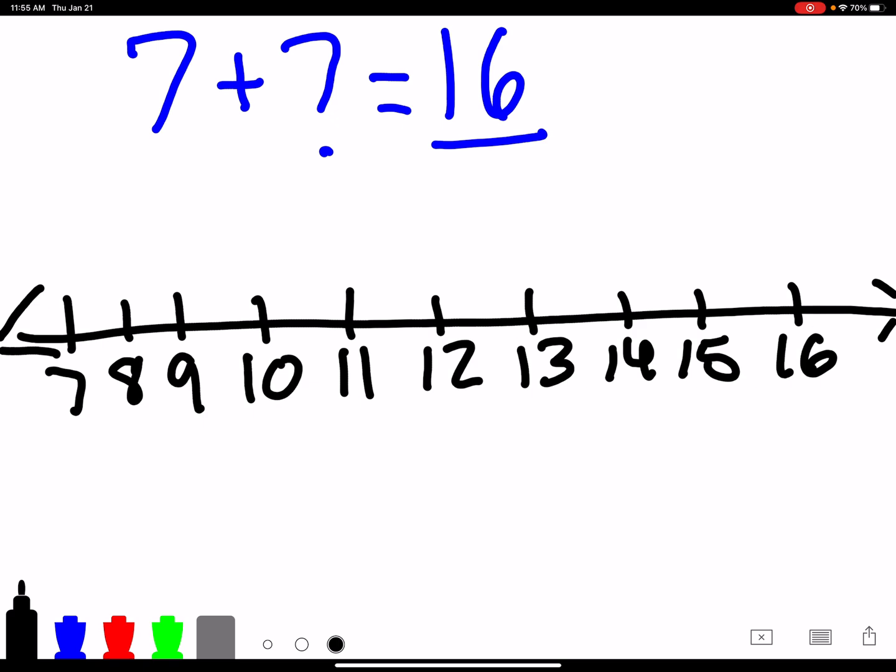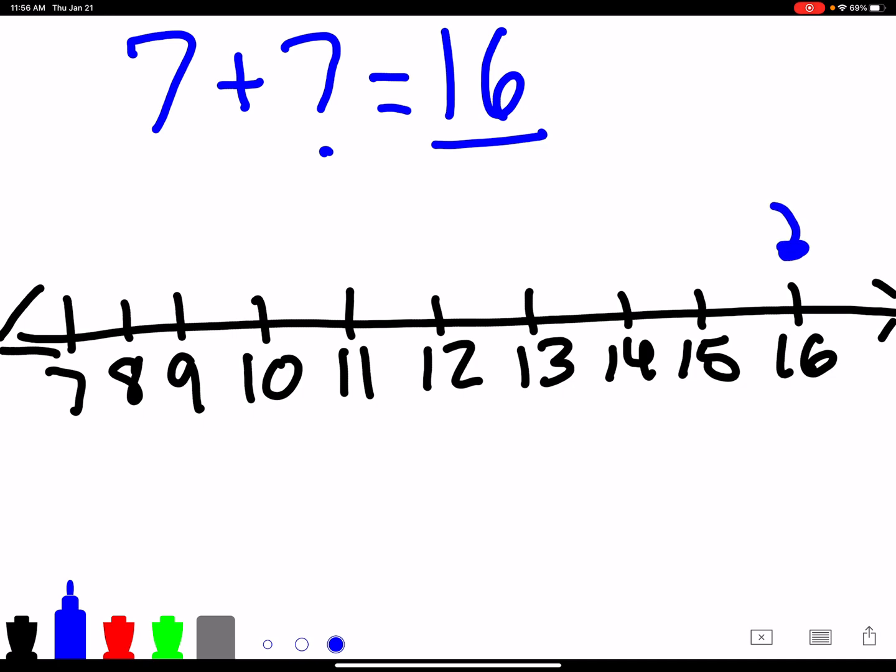So if we put our dot on the 16, we can count backwards until we hit 7 to see how many presents we have, or we can count from 7 until we hit 16. But either way is fine. So we count backwards until we hit 7.